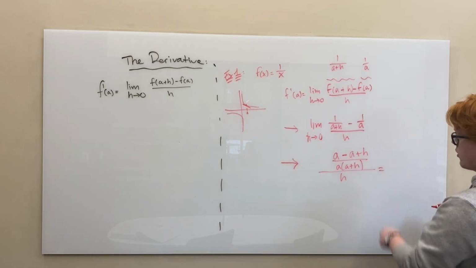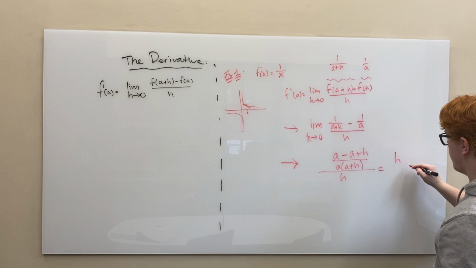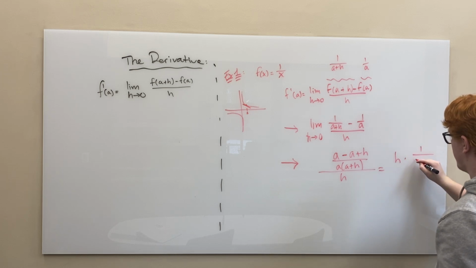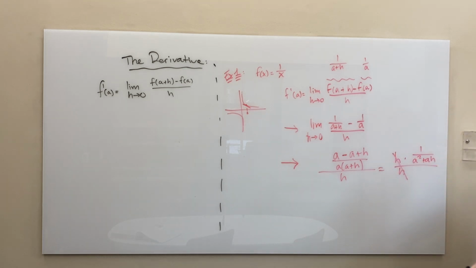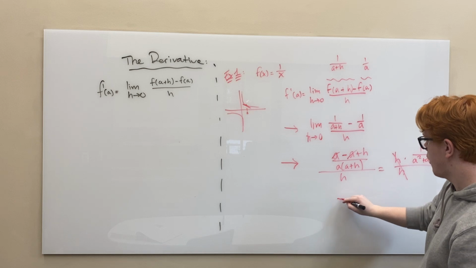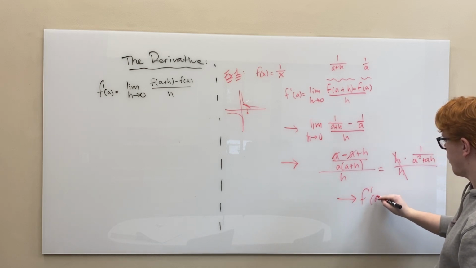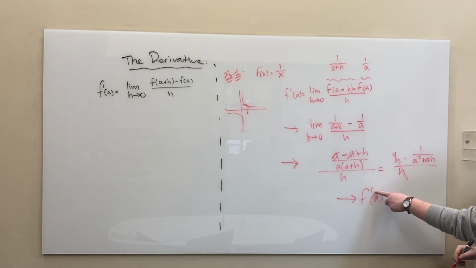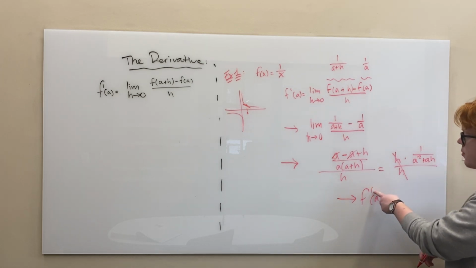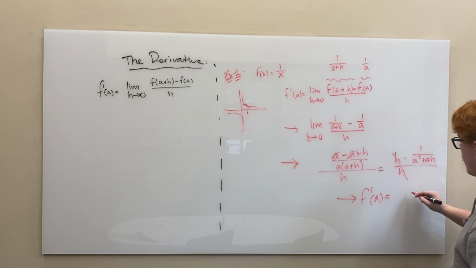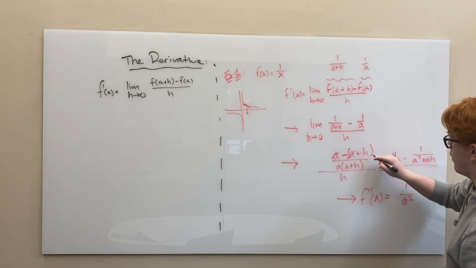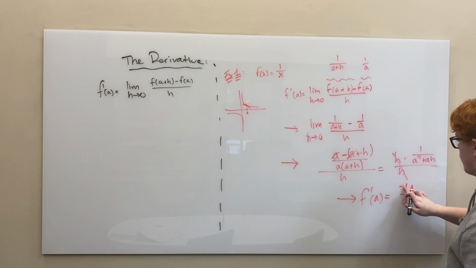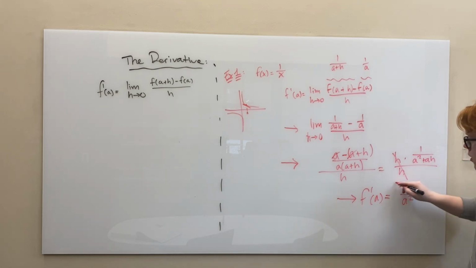The a's are going to cancel out, so we're just going to have h times 1 over a squared plus ah, over h. These are going to cancel as well. Which means that f prime of a, that's how we say derivative prime, is going to be equal to 1 over a squared. Now I think I'm missing a sign, I am, so it's a negative 1 over a squared.